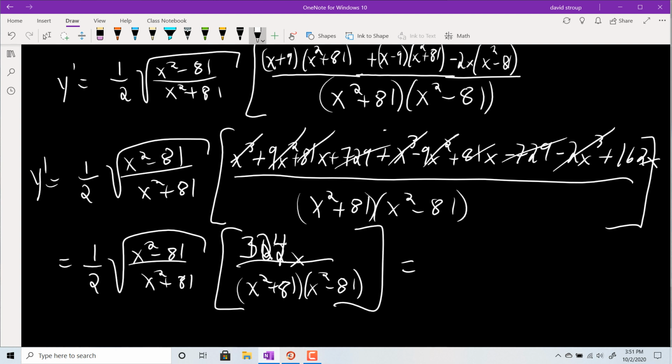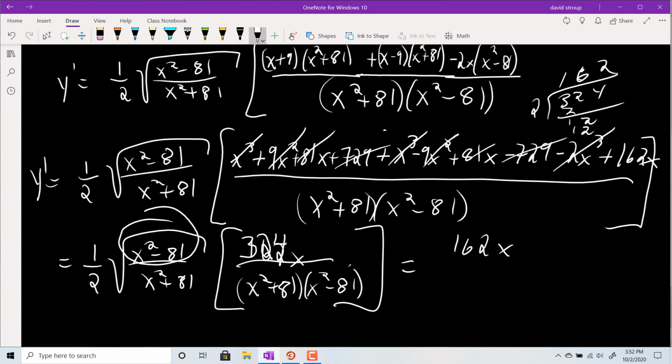And then 2 into 324. 1, 2, 6, and 2, so that would be 162x, and then you can start combining like terms by subtracting exponents. So x squared minus 81 has an exponent of 1. This guy over here has an exponent of 1/2.